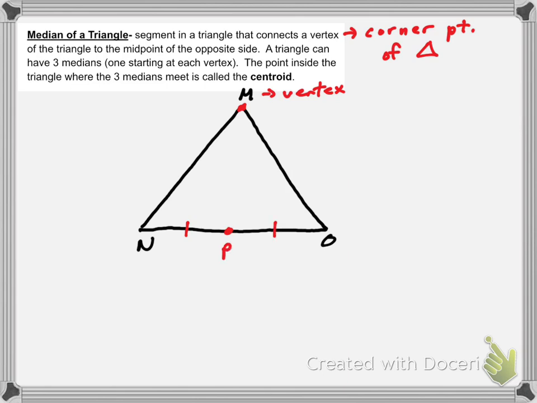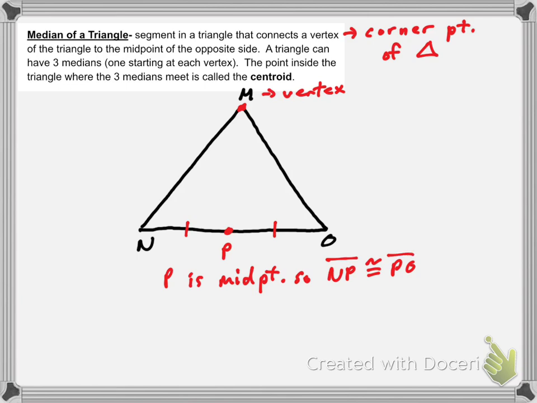Now, we'll call this P. P is a midpoint of NO. So that means that NP is congruent to PO.